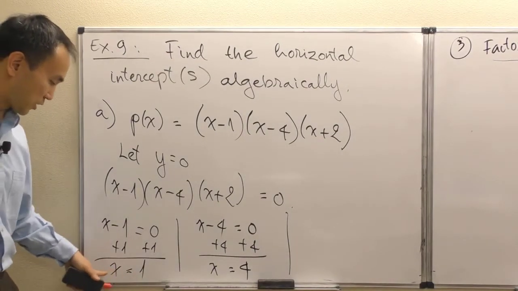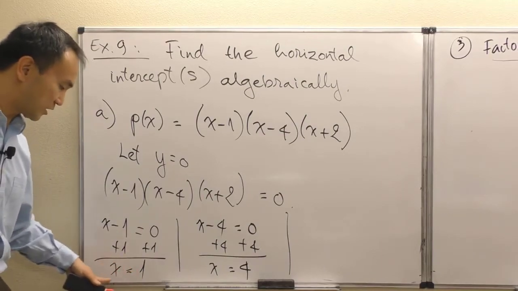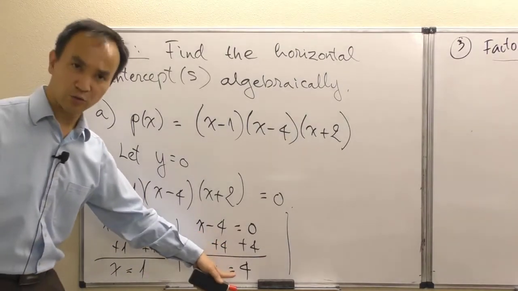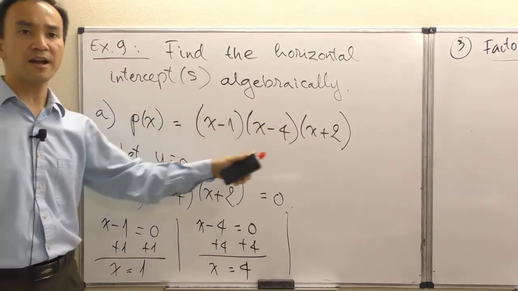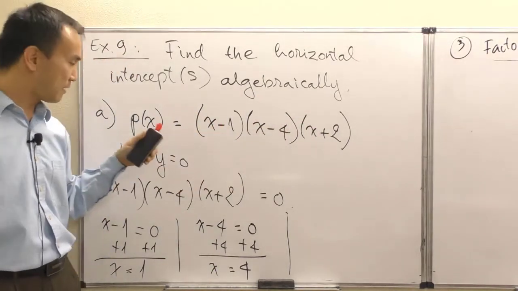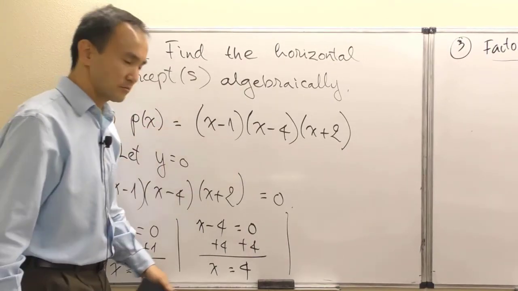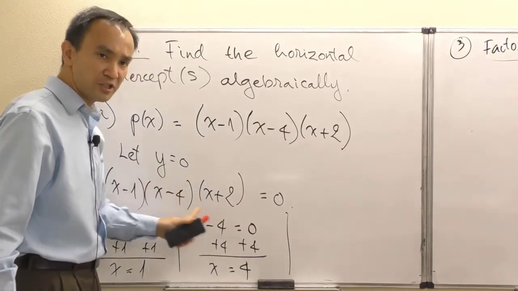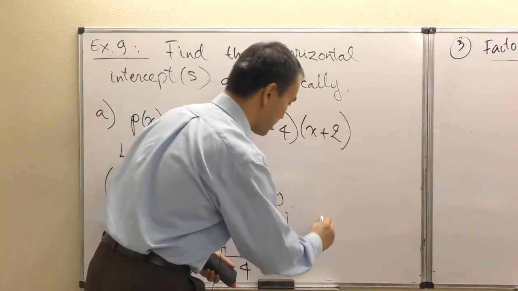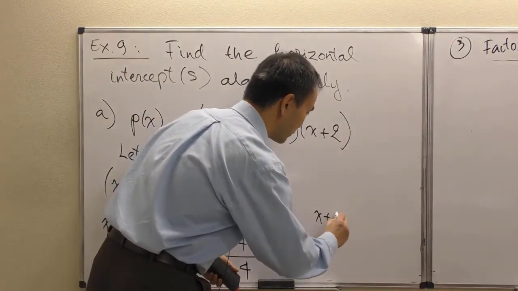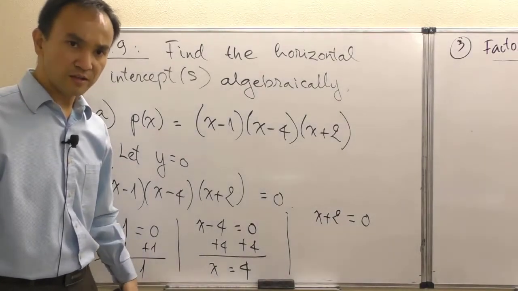The logic goes as follows: when x equals 1 or x equals 4, either of these values will cause this product to equal 0, and consequently our polynomial will equal 0. But we didn't only have these two; we had another one. Now I'm going to produce x plus 2 equals 0, a third separate linear equation to solve.